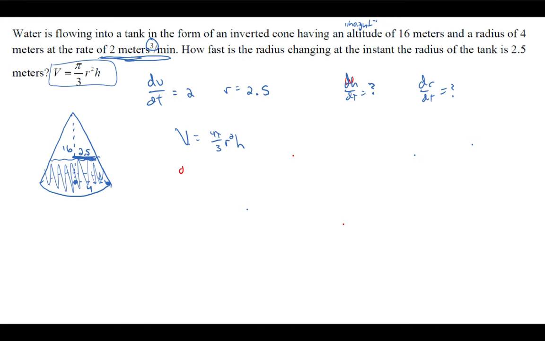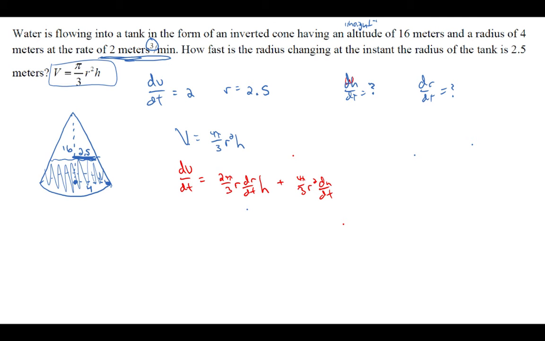So if I were to differentiate this implicitly, it'd be dV/dt equals, we'd have to do a product rule here. So it would be 2 pi over 3 r dr/dt times h, and then plus pi over 3 r squared dh/dt. So this is kind of a mess. There's a lot going on here, and there's also a lot of things I don't know.